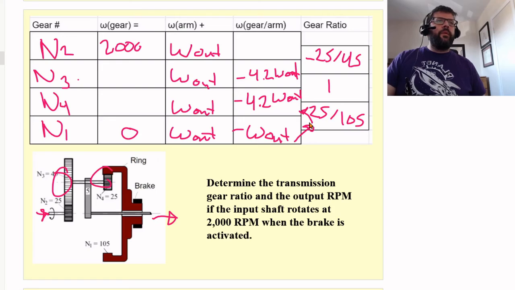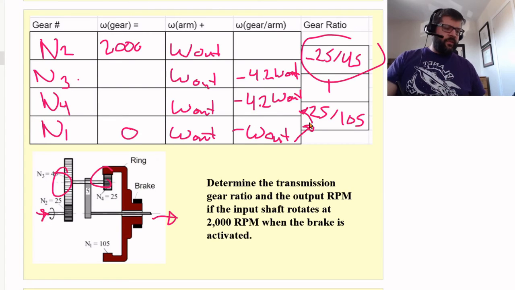And then we can work up to our other one. Going from the negative 4.2 W out, we need to divide by this gear ratio. So negative 4.2 divided by negative 25 divided by 45.